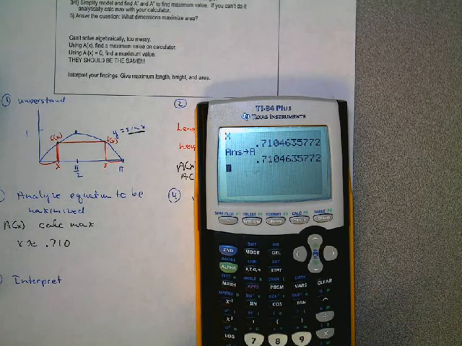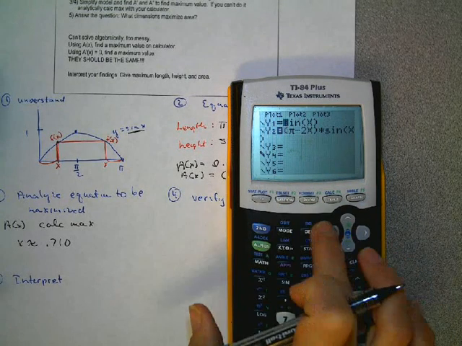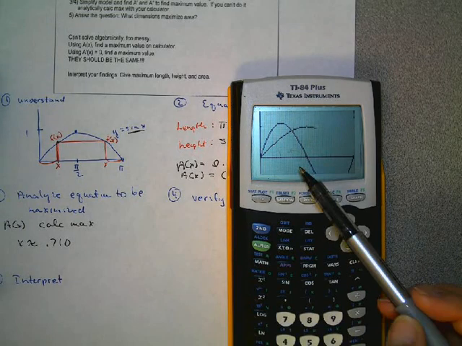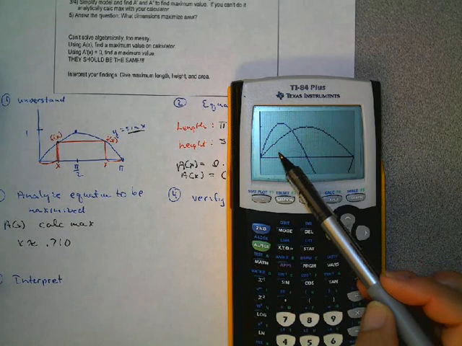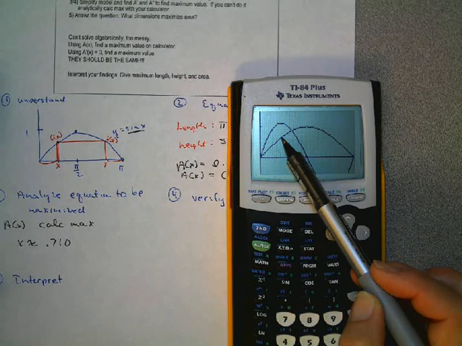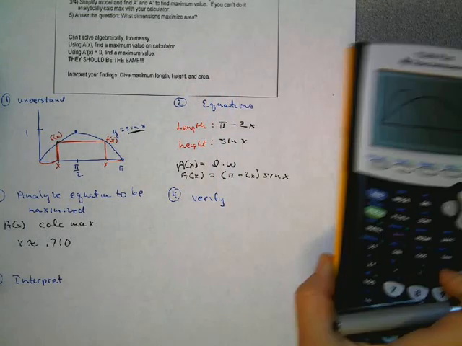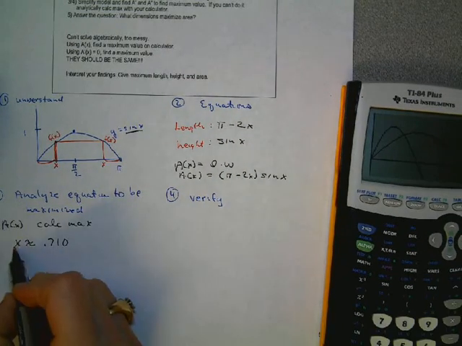If you looked at this, it makes a lot of sense. That's saying that right here, if I make my rectangle right here, that's going to get the highest area. Now, for my verification, while I calc max, that's all you can do in this case.